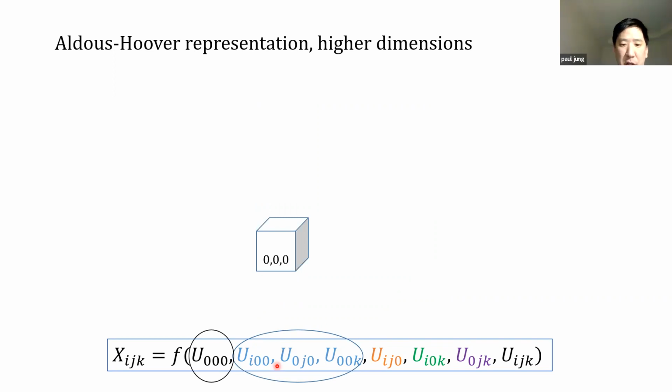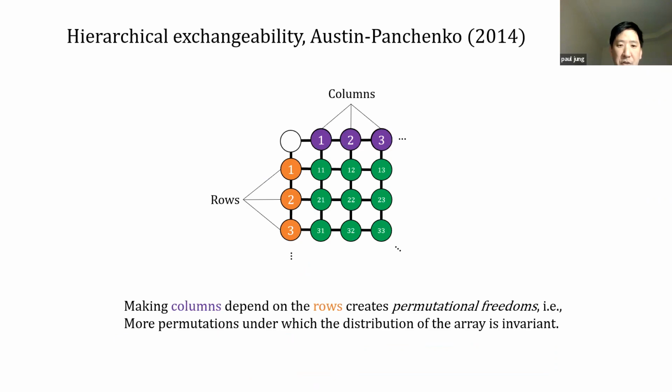There are essentially 8 different types of uniforms, and one can roughly think of this uniform as corresponding to the empty set, this to the full set, these 3 uniforms to any 2-point set, and these uniforms to any 1-point set. So if we have a 3-dimensional array, we simply have 2 to the 3rd types of uniforms corresponding to all the subsets of a 3-element set, that 3-element set being the 3 different dimensions that we can go in. So is that clear?